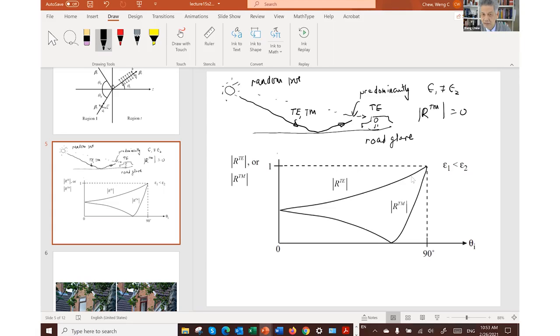You will buy a pair of sunglasses that has that kind of property, where the TE polarization in this case is where the electric field is horizontal. So the electric field will be horizontal when it gets into your eyes, and you would like sunglasses that will cut out this horizontal polarization of the electric field to reduce road glare. There's one application of this knowledge.